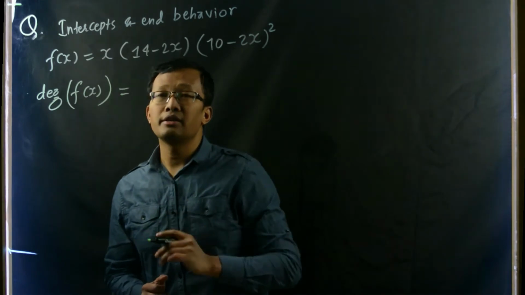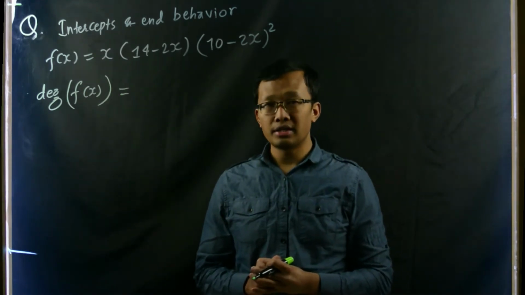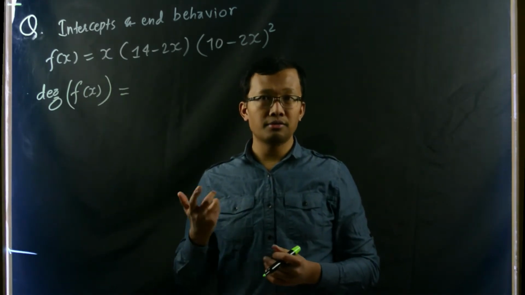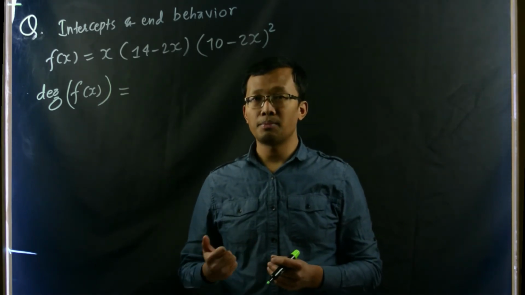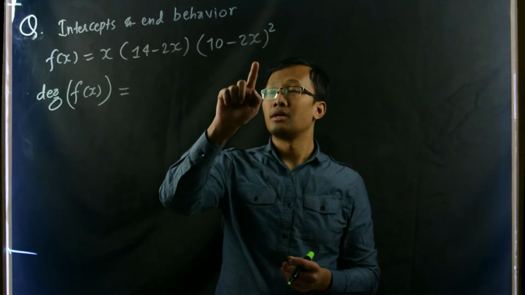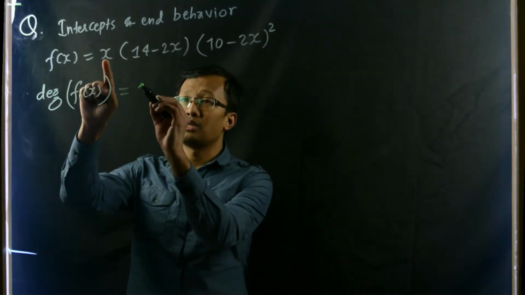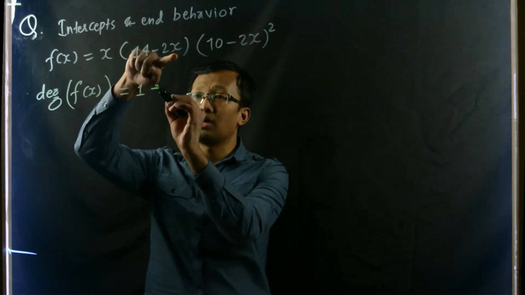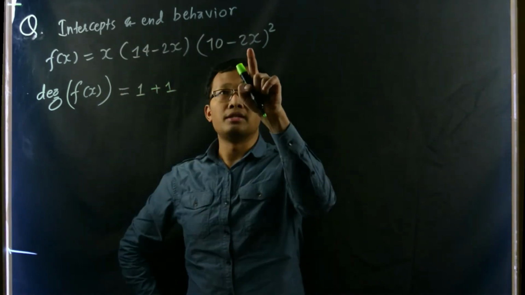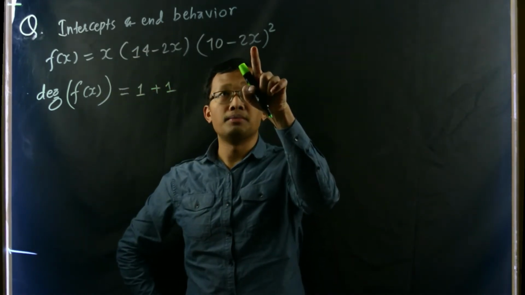To find the degree of this polynomial, let us calculate the individual powers of each x. This x has power 1. This x also has power 1. This x also has power 1, but it is squared.